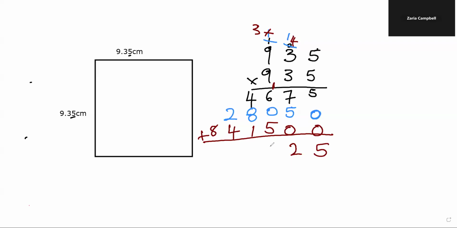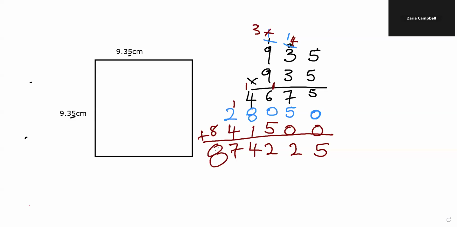Put down the 2, carry 1. 4 plus 1 is 5 plus 8, that is 13 plus 1, that is 14. So put down the 4, carry 1. 2 plus 1 is 3 plus 4 is 7. And then we just put down the 8.